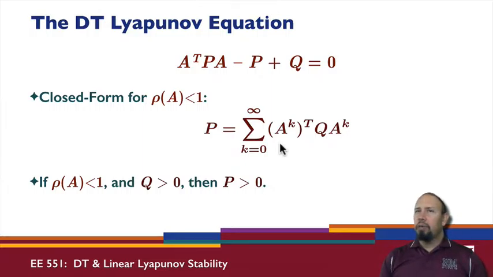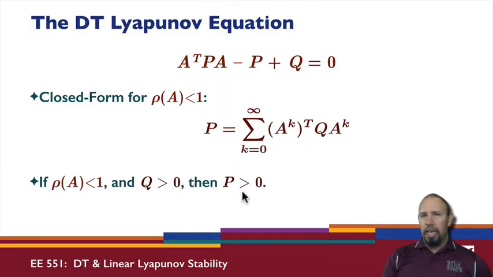So it's kind of working backwards. Usually we start with the V, which is the Lyapunov candidate. We get the derivative or difference along the system trajectory, which gives us the Q. So we start with the P, we end up with the Q, and we look at the Q. In this case, we're actually starting with the Q, looking for the P, and getting the P, and evaluating it that way. So it's kind of a different way of looking at it.